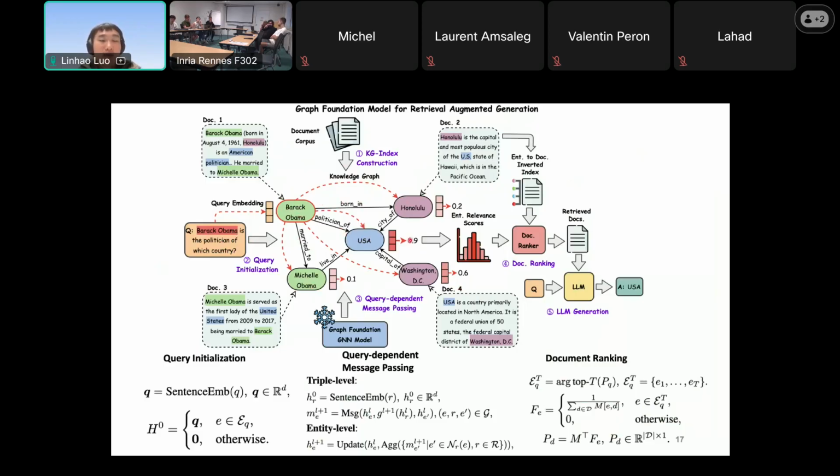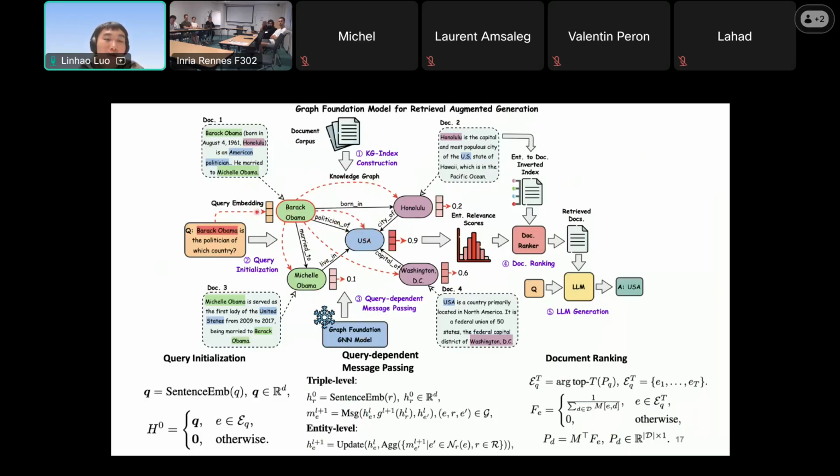The basic goal is to identify knowledge that is relevant to this query. For example, maybe the answer is USA. We try to capture the relationship between the user's query and the knowledge, basically entities in the graph. To capture this relationship, we utilize a graph neural network powered by multiple layers of message passing.